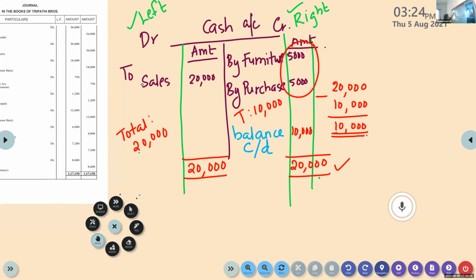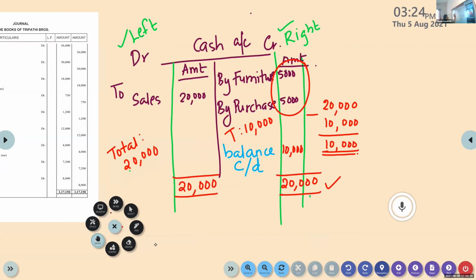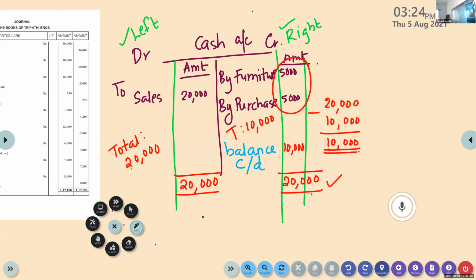Because the debit side, the left hand side, is more.